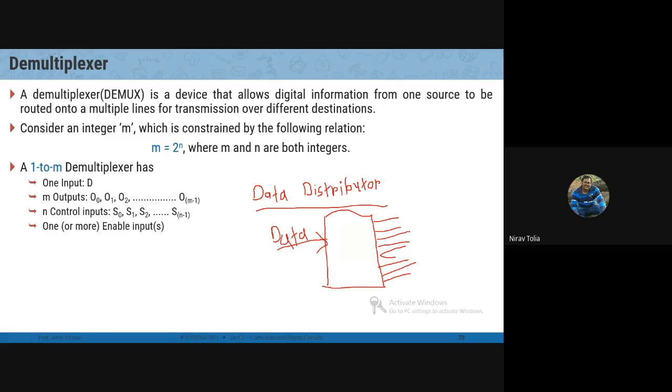That's why the demux is known as the data distributor. It will take data from the single input and distribute the data to the numbers of output. So a multiplexer is known as the data selector and a demultiplexer is known as the data distributor.